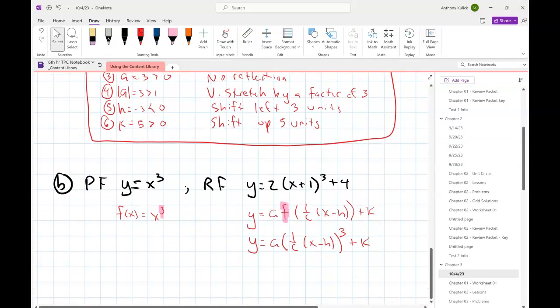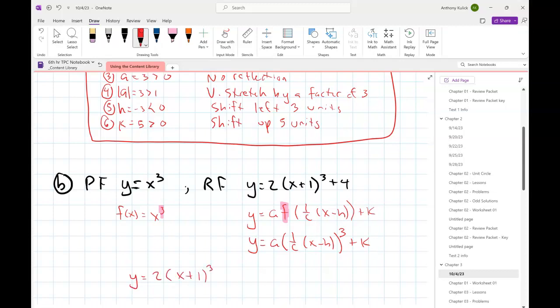Okay. So if I look at what I have here then, again, right away, the A and the K are really easy to get. But the stuff in the middle, the C and H, I'm going to have to do a little work to get. Everybody's okay?